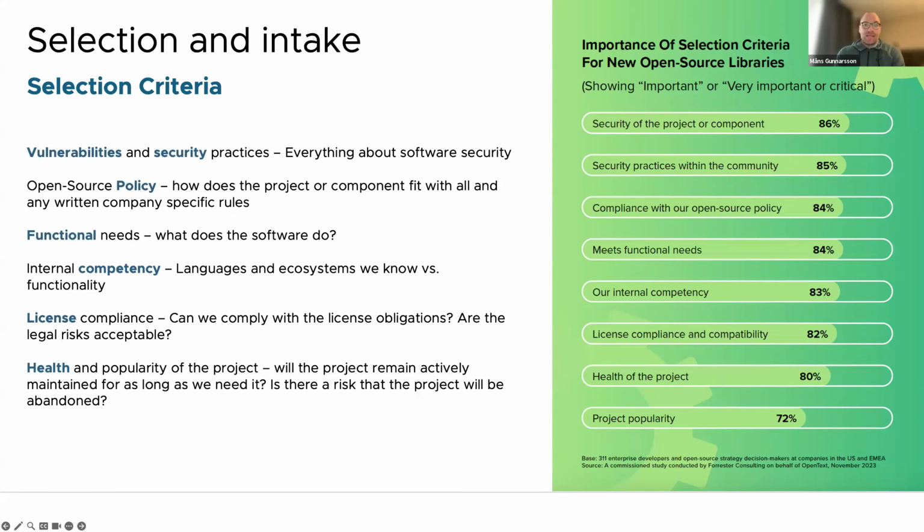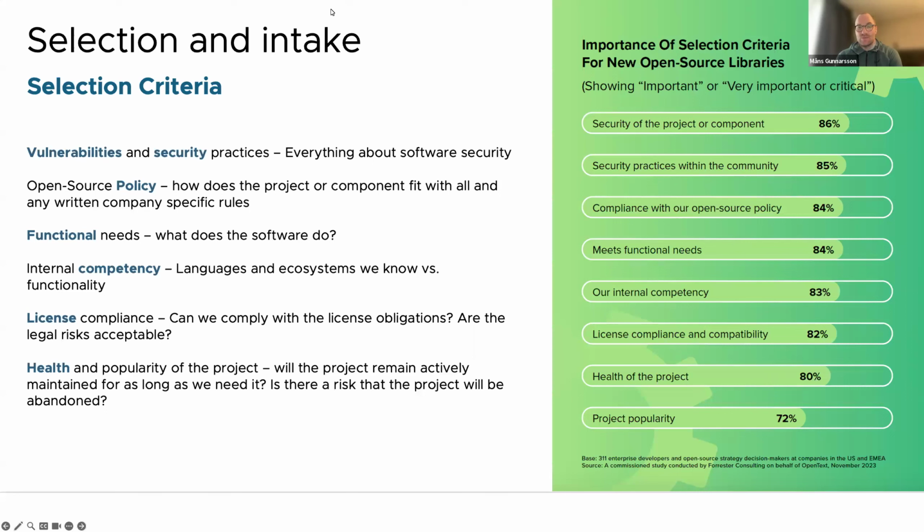So when we started to dive into the study, one of the things we wanted to understand primarily, like Tim mentioned earlier, was how larger enterprises rank various criteria during selection, creation, and intake of open source. The first data point we want to discuss is these criteria: what are the most important considerations when enterprises do open source intake?